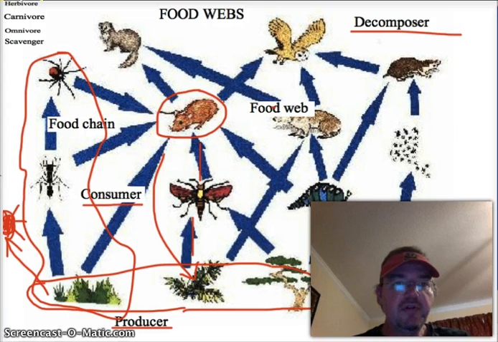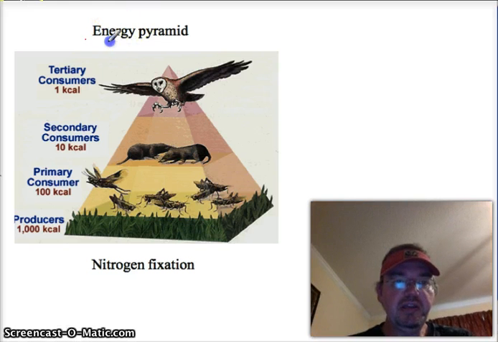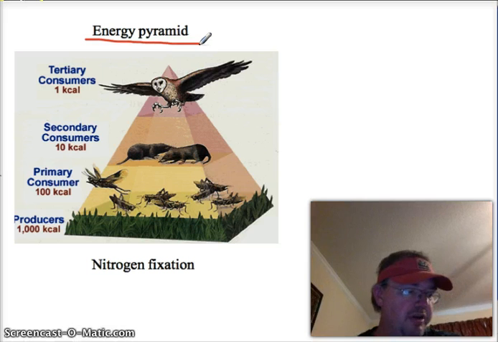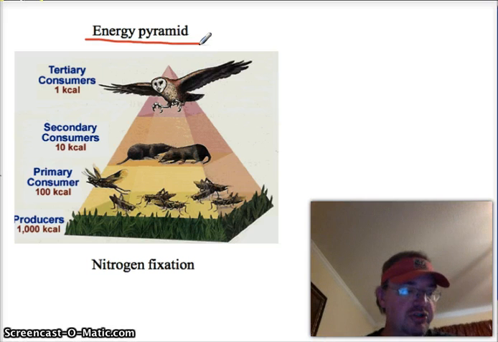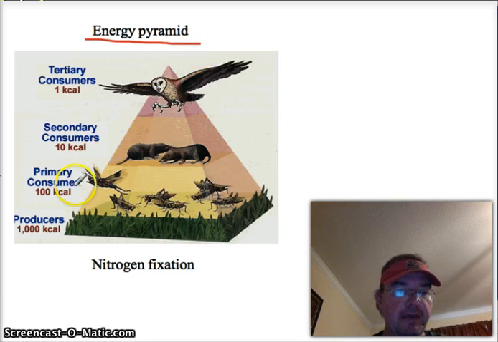Okay, I have over on this next part another thing that we need to talk about. It's an energy pyramid. And you can see down here an energy pyramid. It's a food web that shows energy transferred. And the energy is going to be in kilocalories or calories.